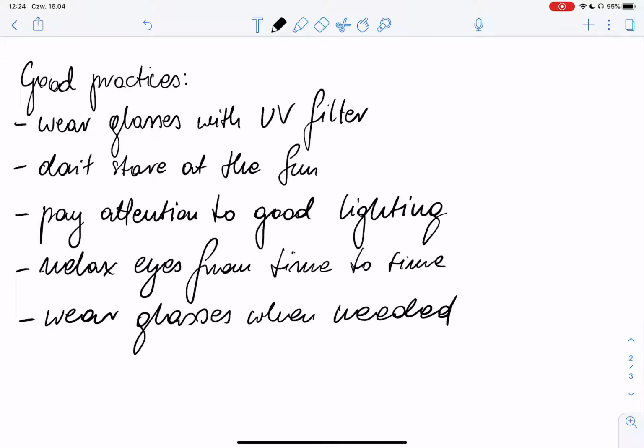And guys, good practice also, maybe not exactly related to eyes themselves, but to the fact that electronic devices emit a lot of blue light, and that blue light is a natural waking up mechanism.